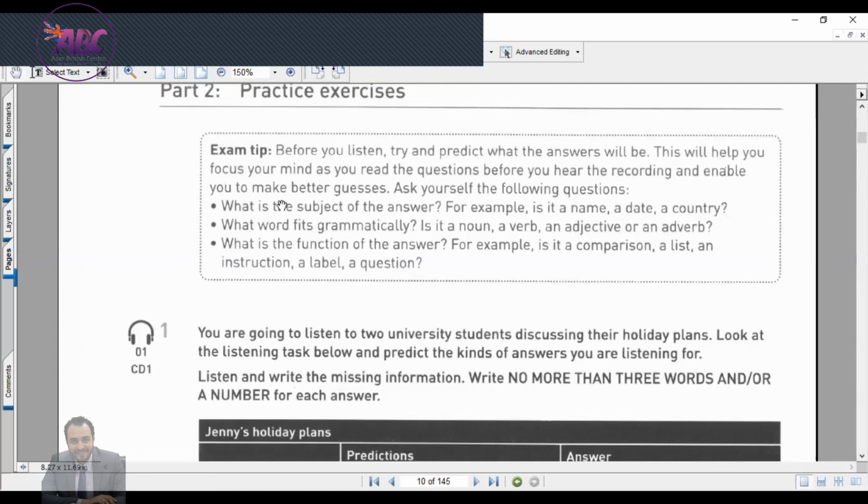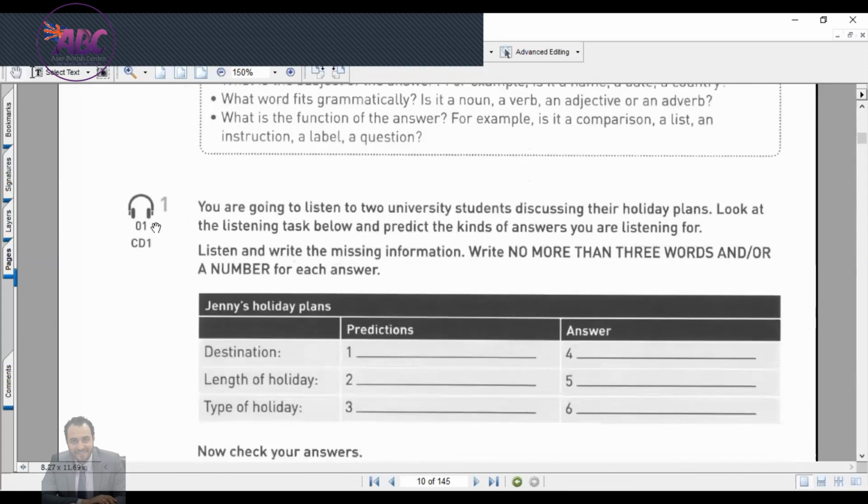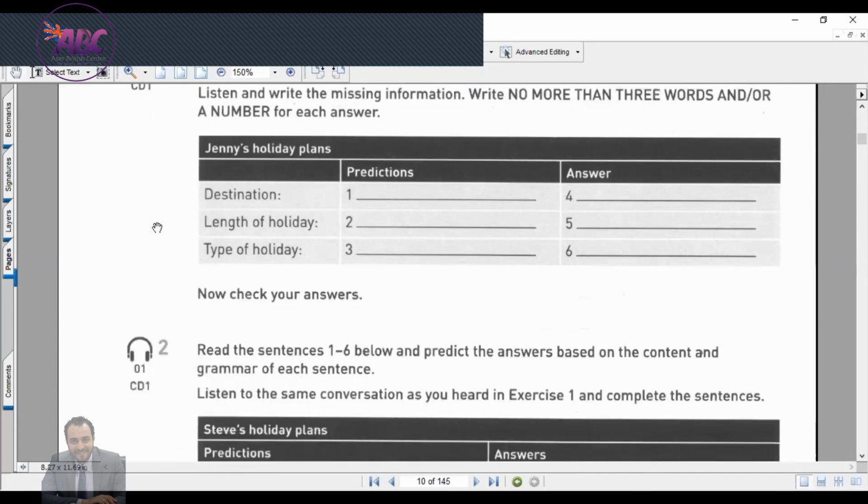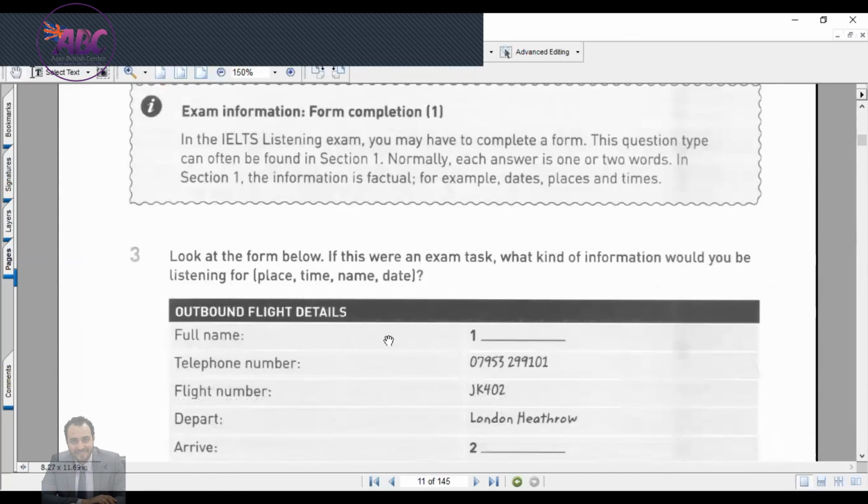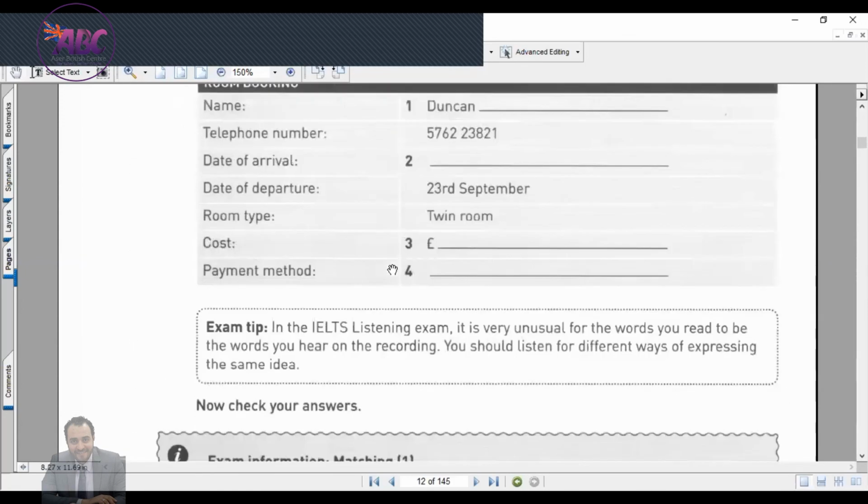If you get into the test, you have to pay attention only to the words that you're listening to, not to the different kinds of questions. You don't have any difficulty understanding what you've got in front of you in the booklet. That will help you to pay attention fully to the listening audio. Now let's move on to the third part.